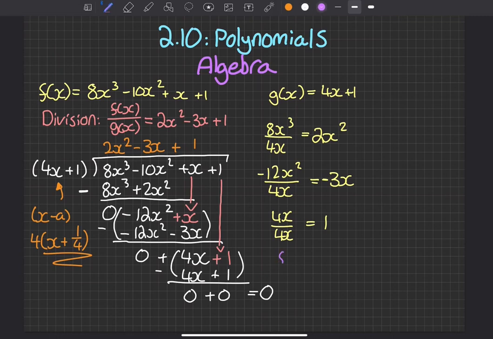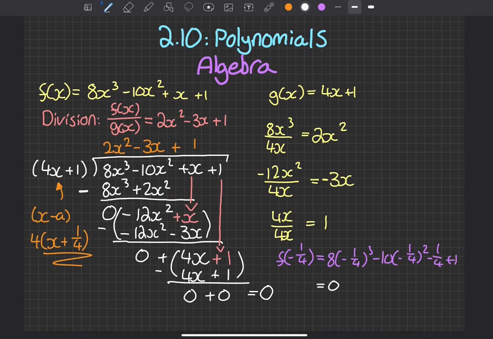So we can just do this on the side to prove it. The function of a here would be minus a quarter, right? And this would be 8 times (minus a quarter) to the power of 3 minus 10 times (negative a quarter) squared minus a quarter plus 1. And you can just solve this manually, or you can plug it into a calculator real quick, and you'll get your answer as 0.